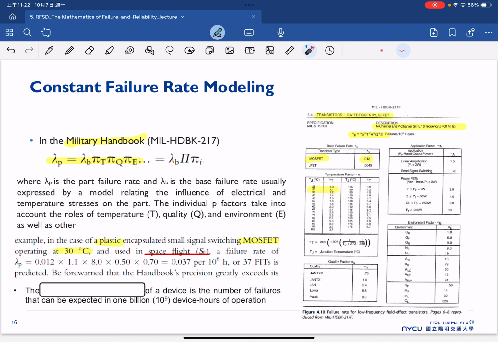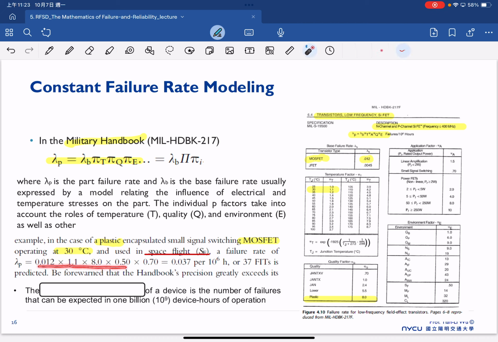For example, this is plastic, so here is the quality factor. This is a MOSFET based on a certain plastic, so that also gives the factor. Also we have certain other numbers.